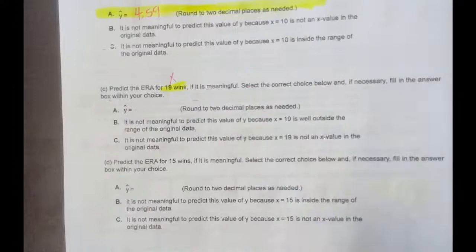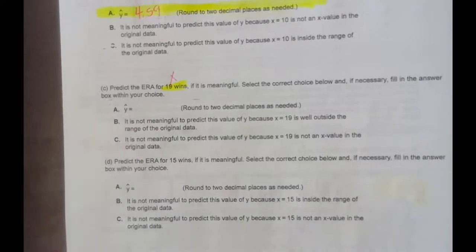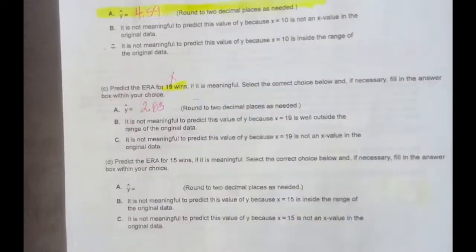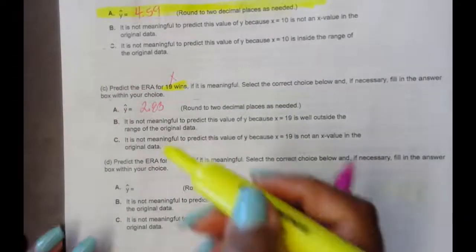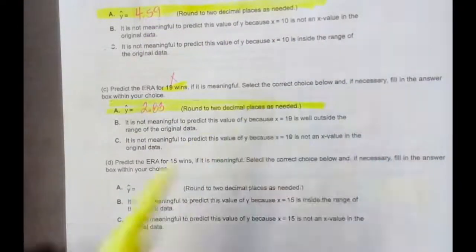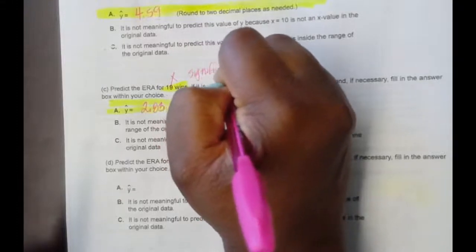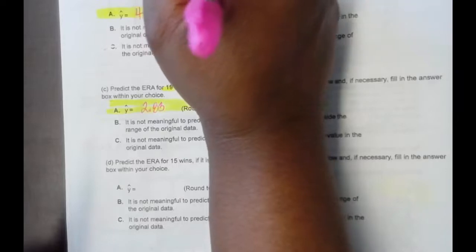I would suggest you pause the video and try it on your own. You should get about 2.83. This is a significant value. X is significant in part B as well.